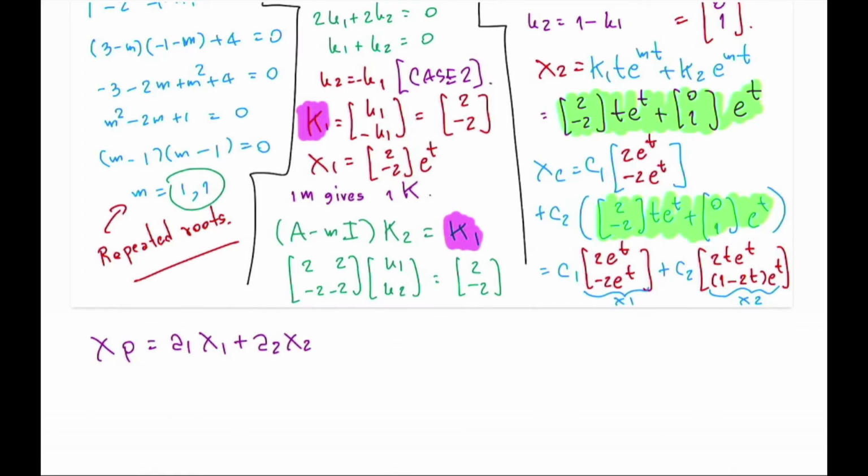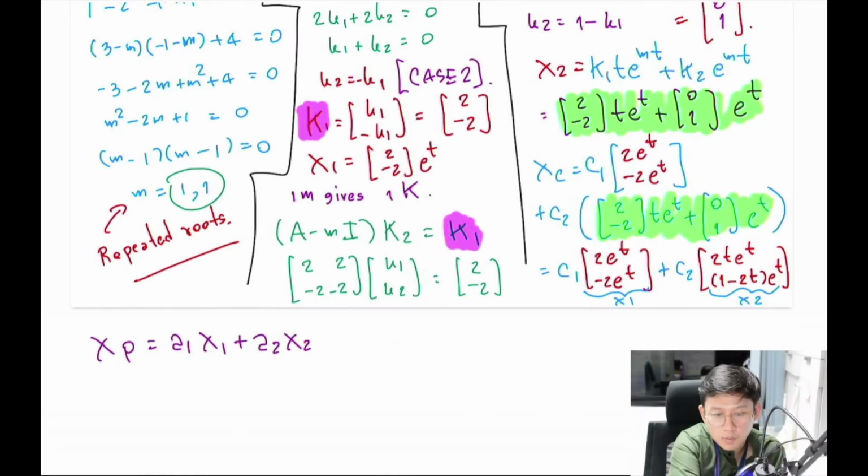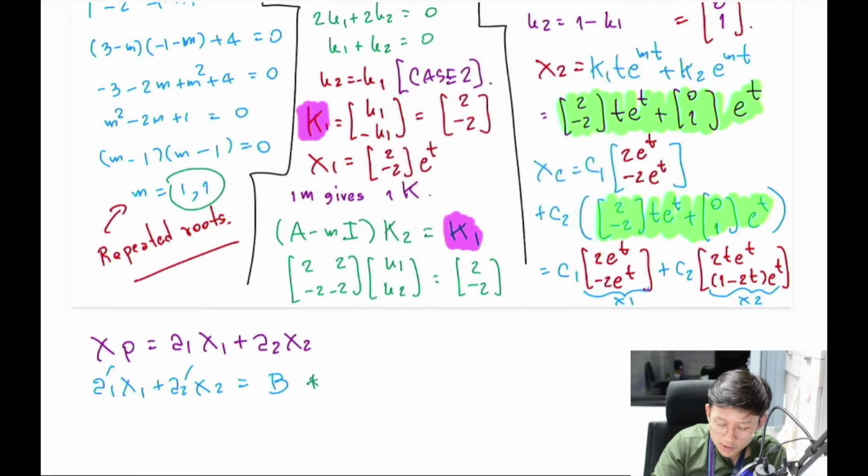Okay, and we can solve for a1 and a2 using this equation: a1 prime x1 plus a2 prime x2 equals b. Again, this equation, I told you, is the most important equation for non-homogeneous systems.